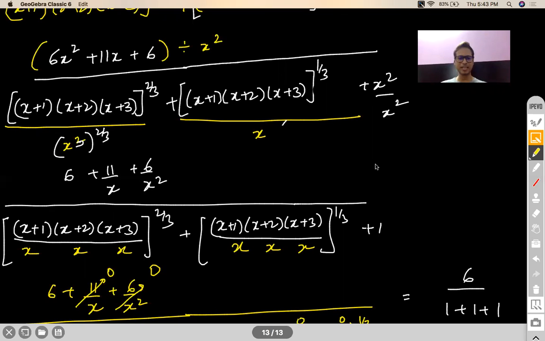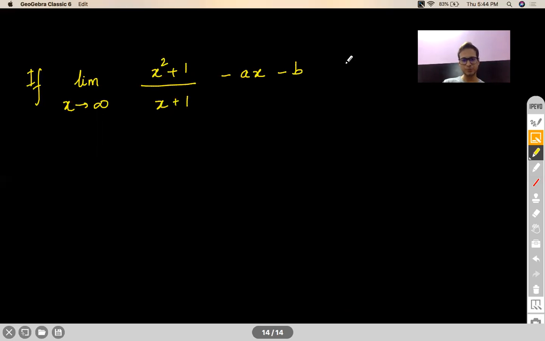Confident. Okay, we'll take one more. Again, this is a conceptual question. Let me see who gets this correct. If limit x tending to infinity, x square plus 1 by x plus 1 minus ax minus b is 2.